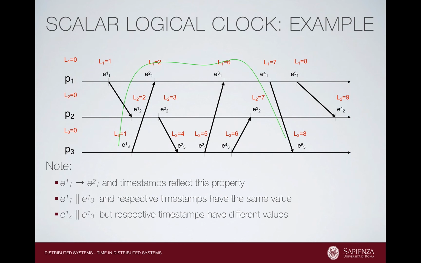But look at the first event on process 2 and the first event on process 3. These two events are concurrent because there is no happened-before relationship between them, no causal path that you can find between them, but still their timestamps are not equal. One is greater than the other, but the events are not causally related.